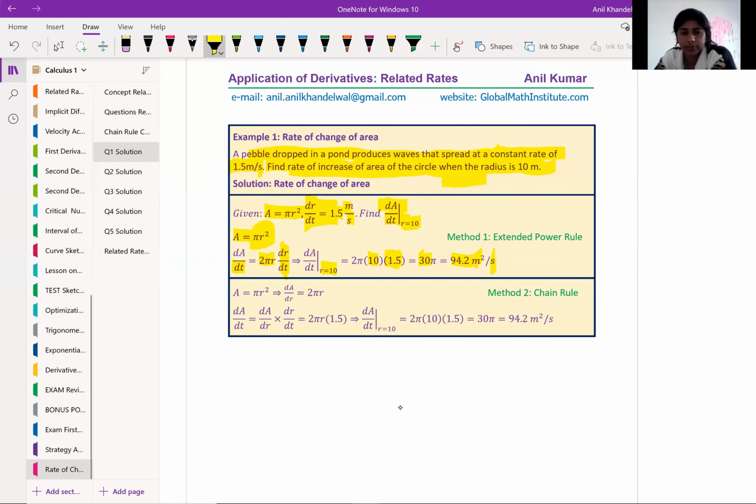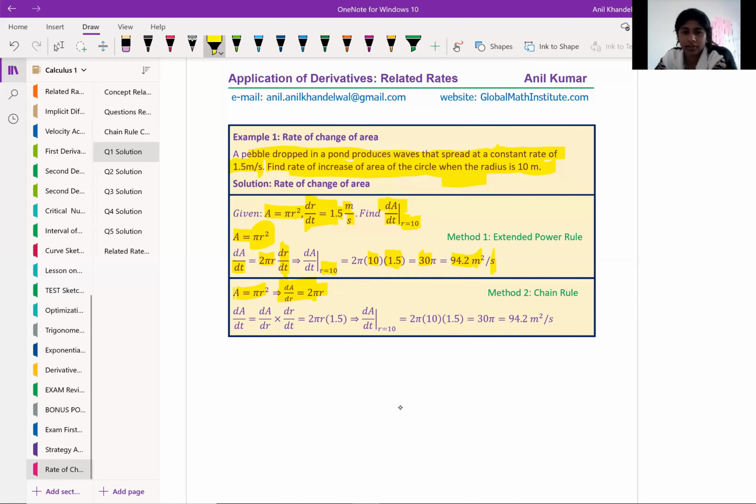We know area is pi r squared. The parameters are A and r. I could differentiate with respect to r also, right? So I can say, what is dA/dr for me? I didn't write that step. What is dA/dr?